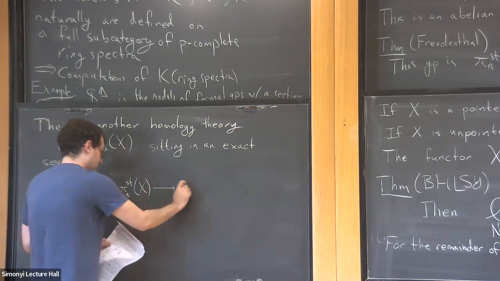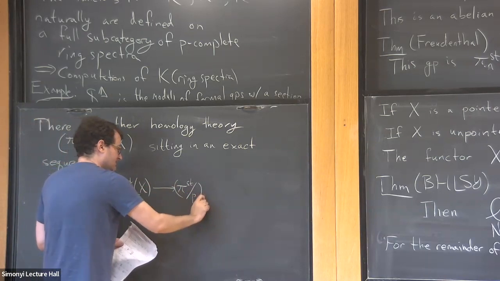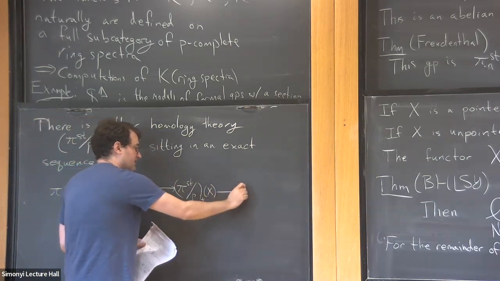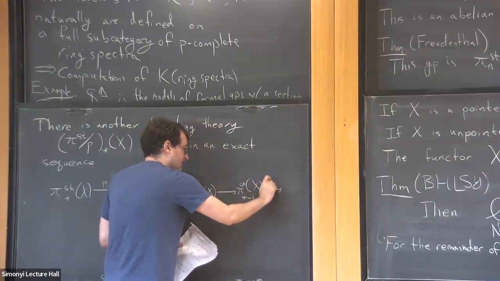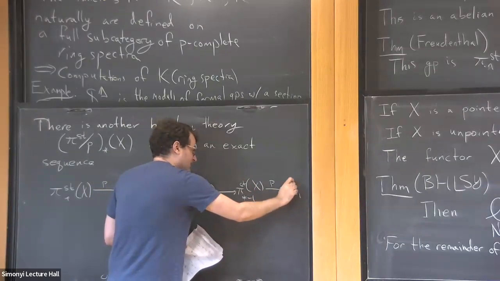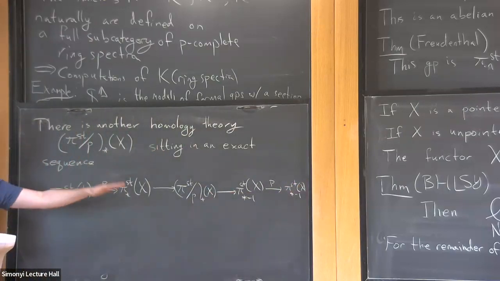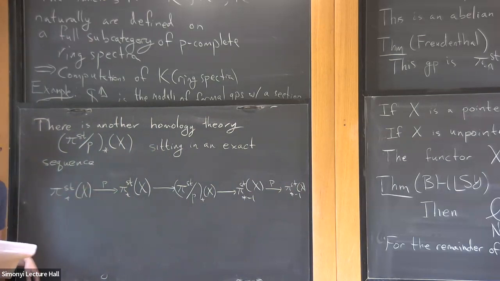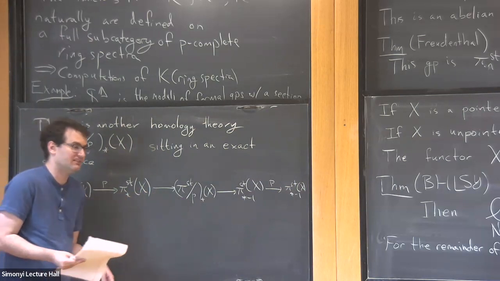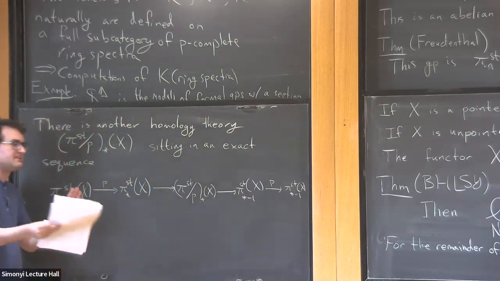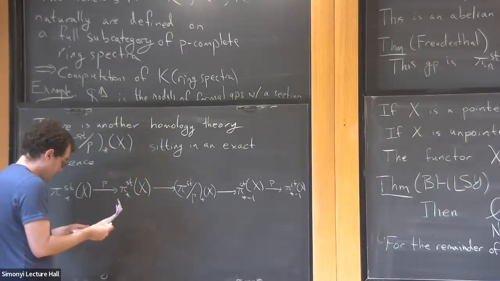And the cokernel of this will be the mod p stable homotopy. And then that goes to π_{*-1} via the multiplication by p map again. So this is the unique homology theory which fits in a natural long exact sequence like this. And so it's the mod p reduction of stable homotopy. You might call it S mod p.